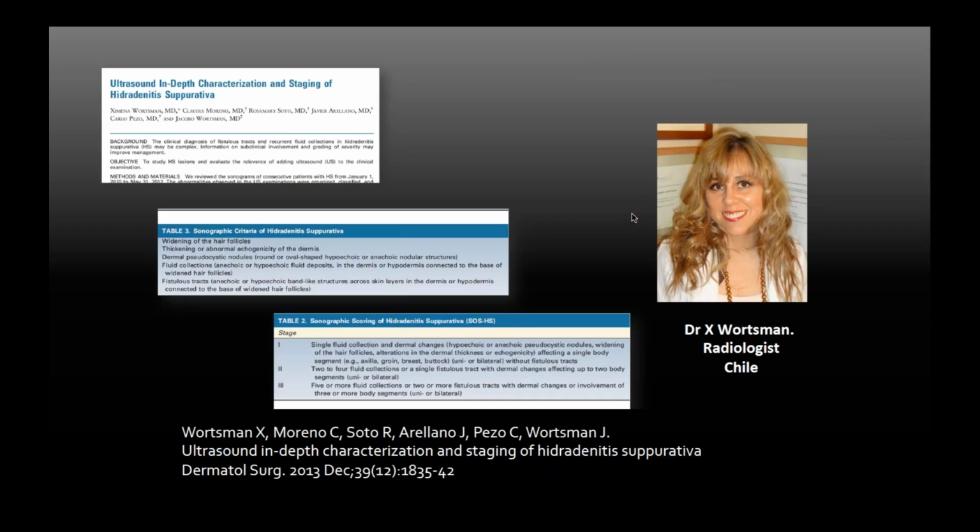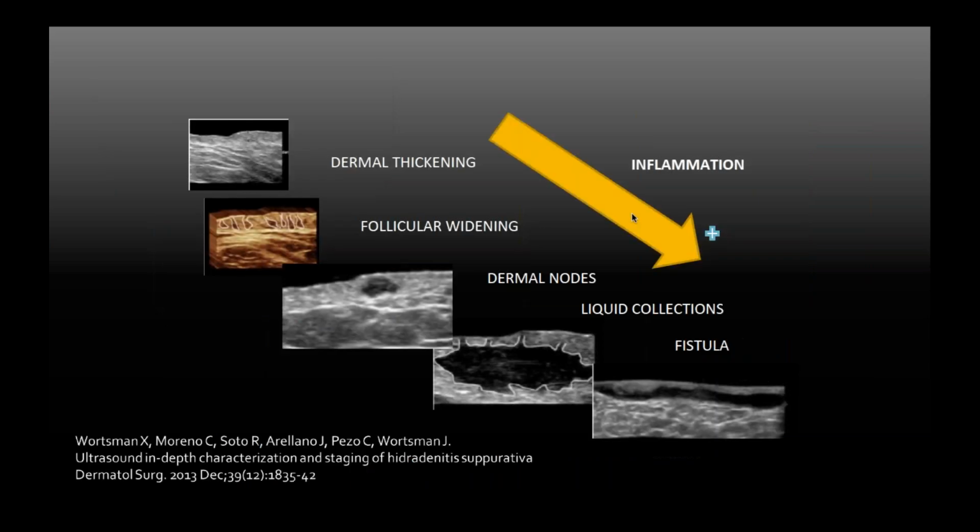This is a model in which ultrasound has been key in understanding a better treatment in this kind of patients. I recommend you to read this wonderful paper by Dr. Borsman regarding the characterization of these lesions in patients with hidradenitis suppurativa. As Jimena described, there's a gradient of inflammation that is correlated with the inflammation of the patients and with the stage of the patients.